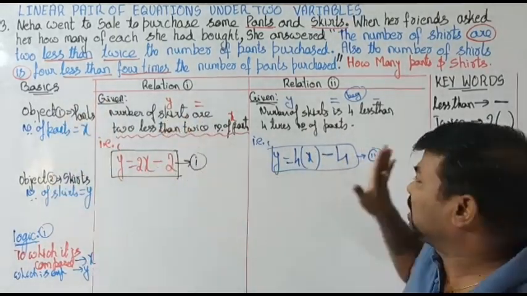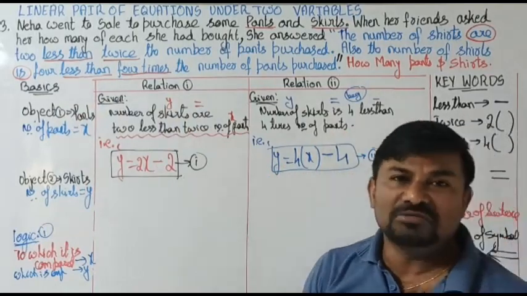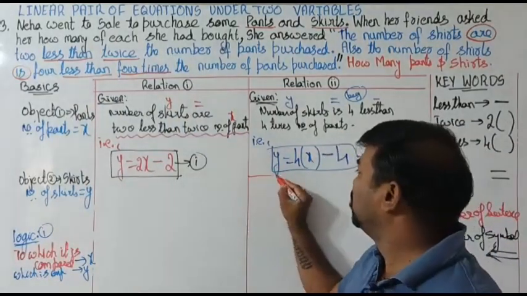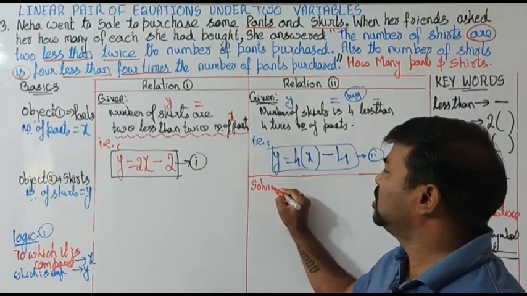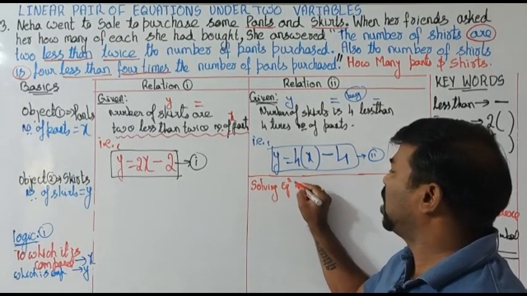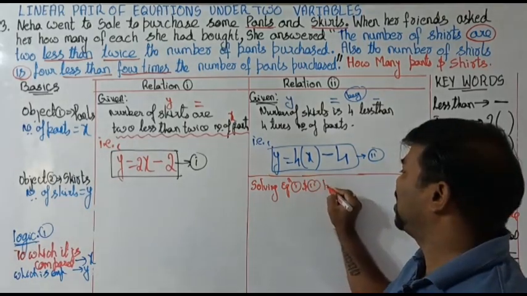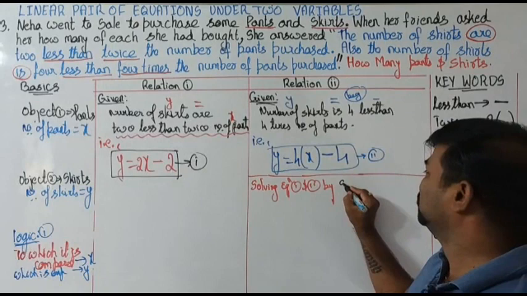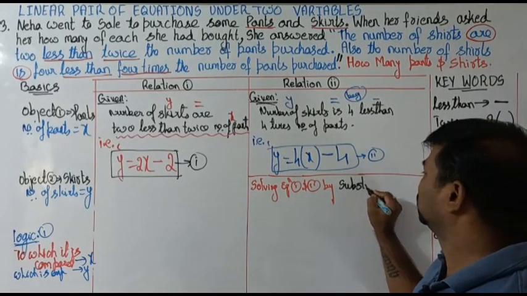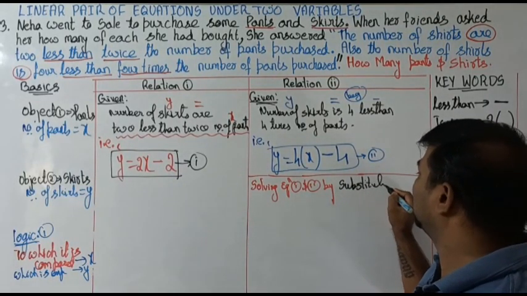Done. So the basic concept is done. Equation 1 we are ready to set. Equation 2 we are ready to set. Now the simple concept: the next one, solving equations 1 and 2 by a different method, the substitution method. So simple.